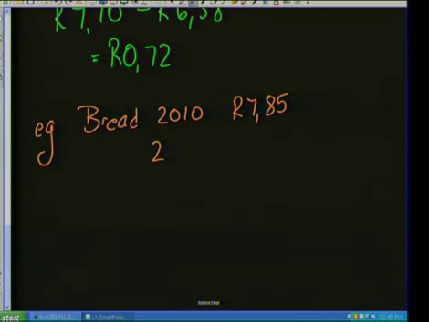And bread in 2011 cost maybe R8.45. We can then use that to calculate the percentage change that we had from one year to the next and effectively work out this average percentage increase, kind of the inflation just on the bread.